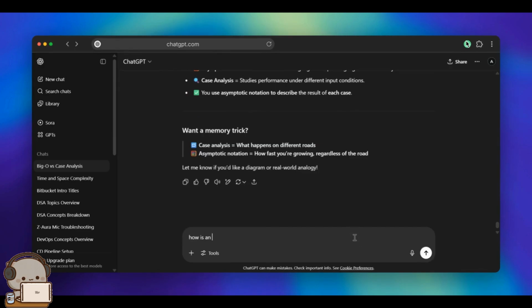How is an average considered an exact bound, or tight bound? Isn't average just average? Because we cannot find an exact bound, can we?